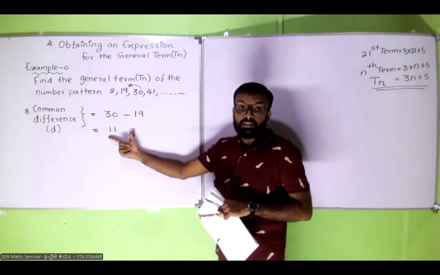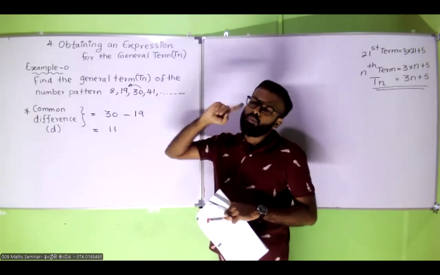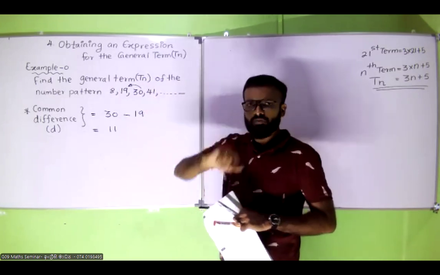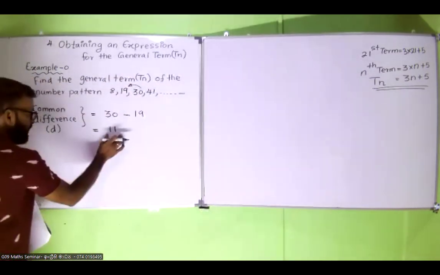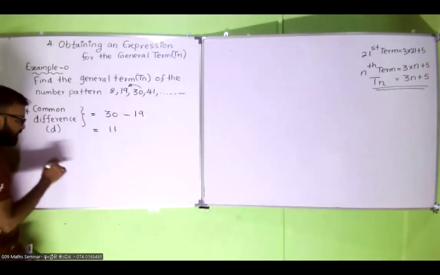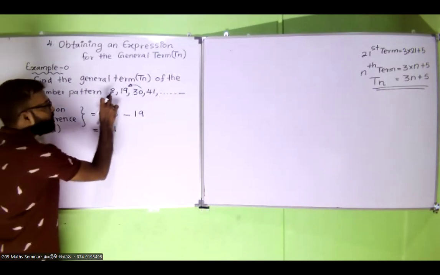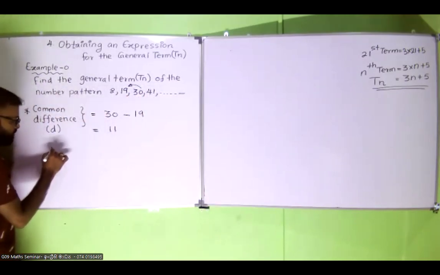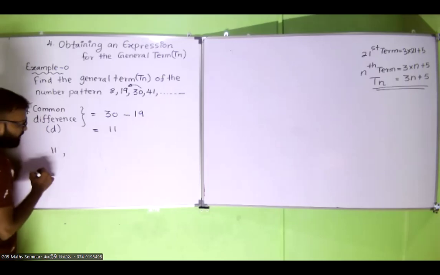Now the common difference is 11. If the common difference is 11, I can write multiples of 11, starting from 11. How many terms are there? 1, 2, 3, 4. 4 terms. So I will write 11.